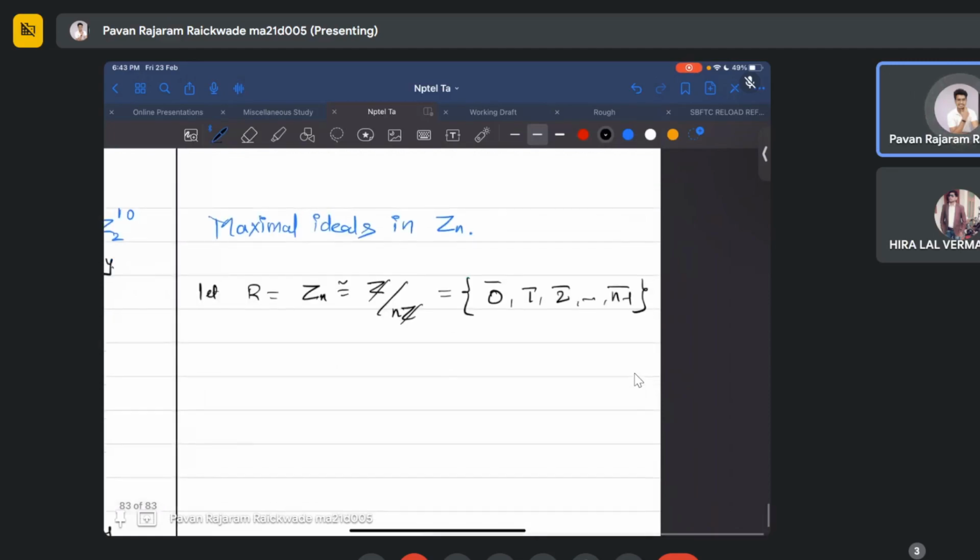The question is, what are the maximal ideals in Zn? So any ideal is generated by some element, right? Here, every ideal is generated by some element.